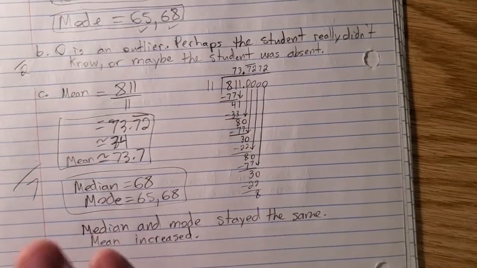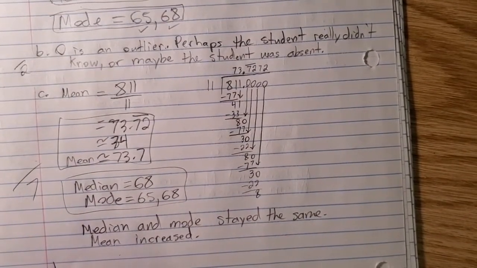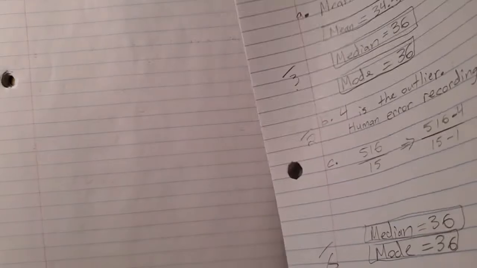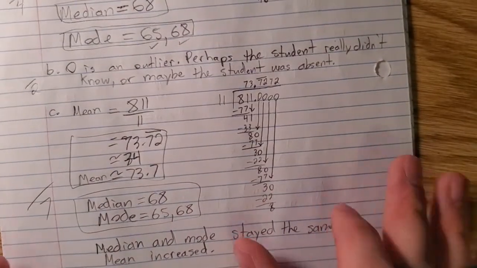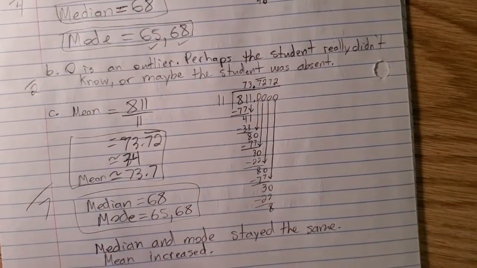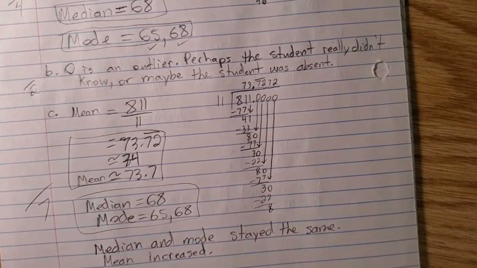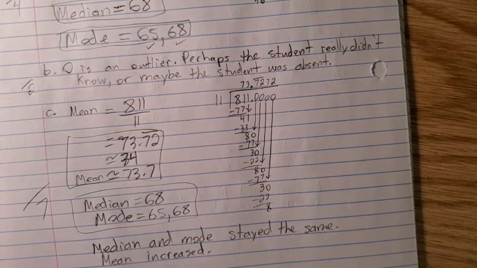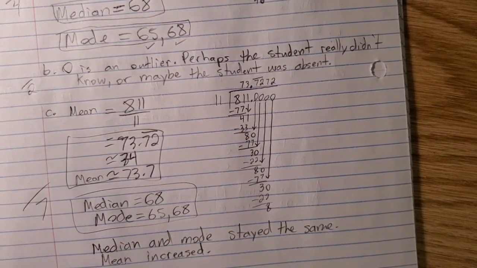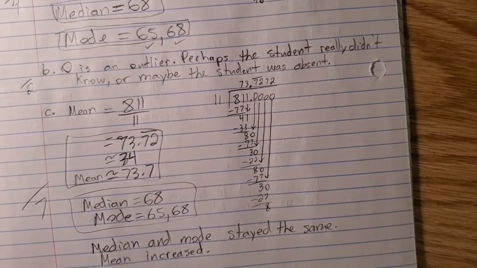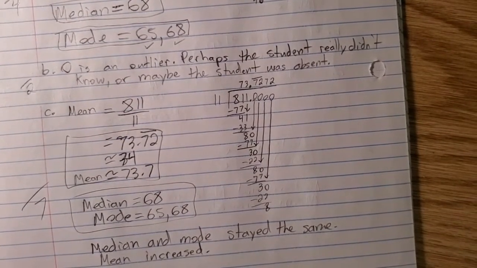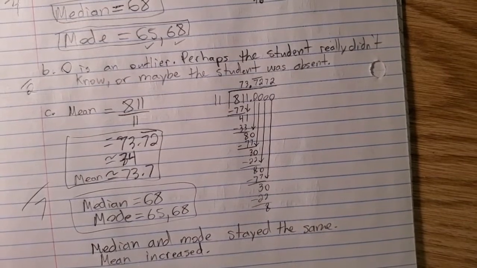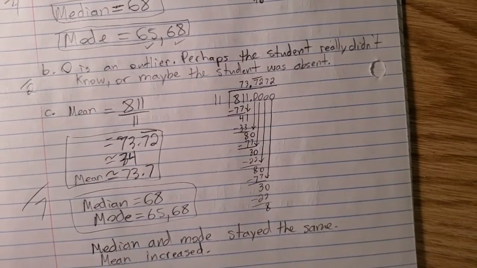There's a part D on this question, and there was a part D on question 3 that I realized I missed, that I'll discuss at the end. But part D said, should the outlier be used when reporting the average test mark? The outlier shouldn't be used because it's assumed that perhaps that student was missing, or perhaps they missed quite a bit and they're going to need to do some catch up.